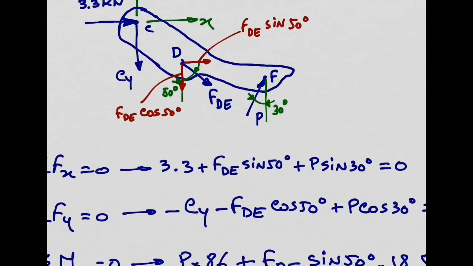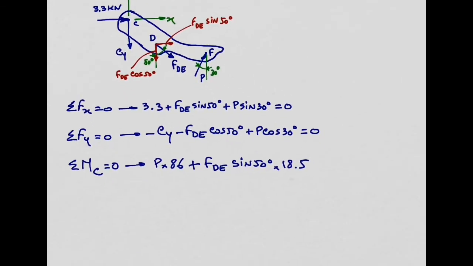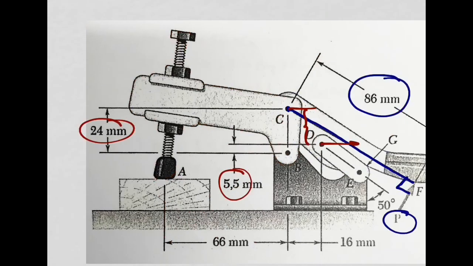Now the moment produced by this vertical component here is going to be negative, so I can put here minus. The force is FDE cosine of 50 degrees. I just need now to get the distance in the perpendicular direction. Sorry, I'm rushing a bit because we only have 5 minutes.